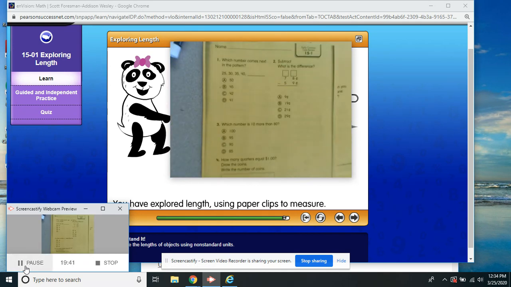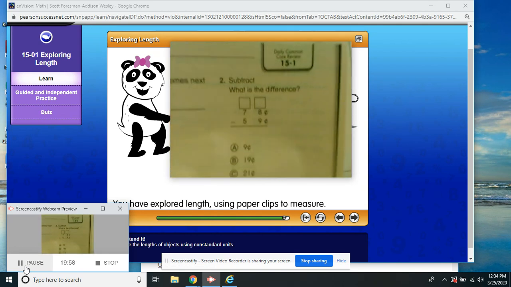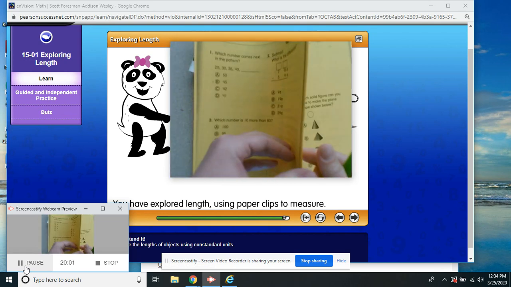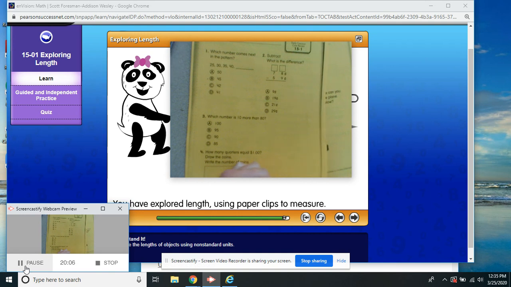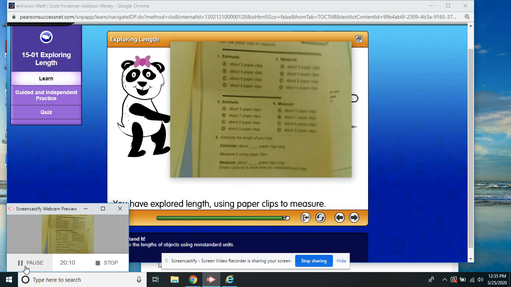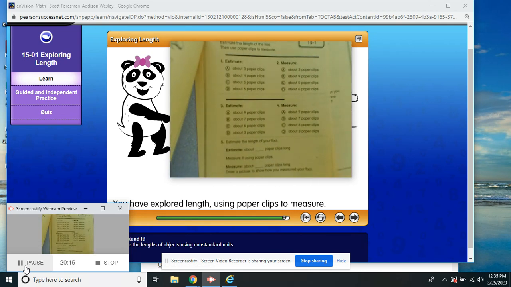All right, so we're going to continue to practice exploring length. Remember that a unit is used to describe a measurement of an object. So you need your 15-1 packet. It is yellow, and I want you to complete this packet. You can work with other people that are around you. You can take your time, and there are some fun activities in this packet.